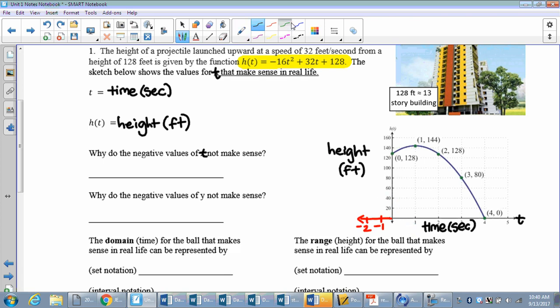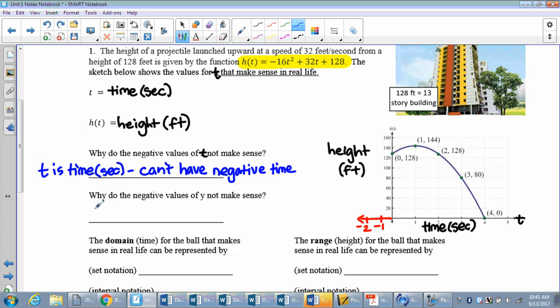No negative time. So t is time in seconds. Can't have negative time. So we have a restriction on that domain because we cannot have negative time.